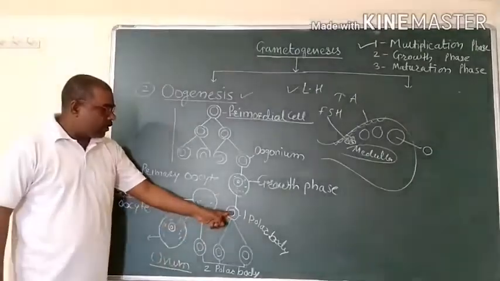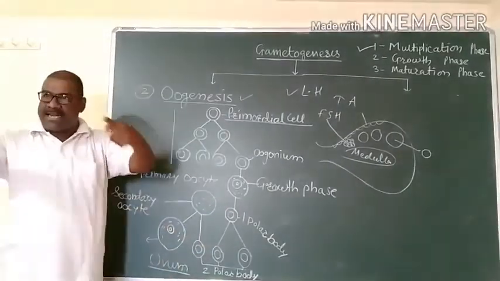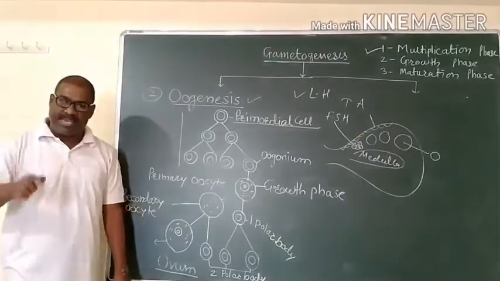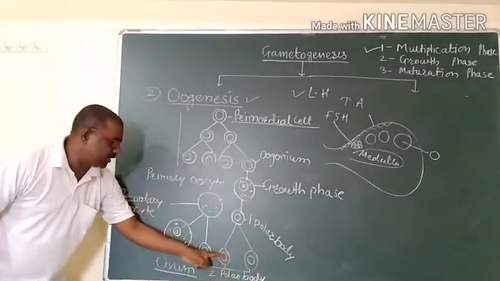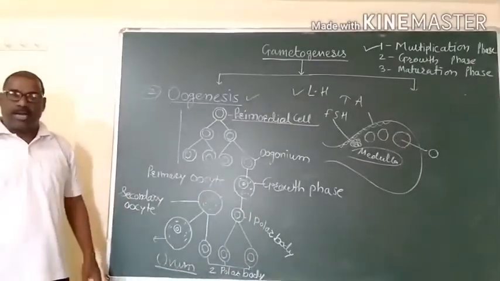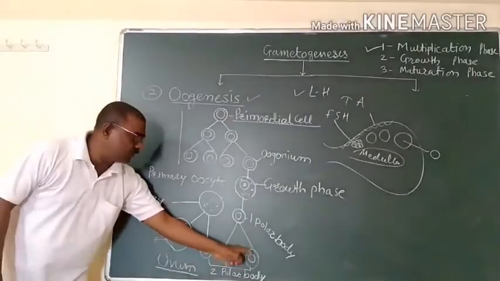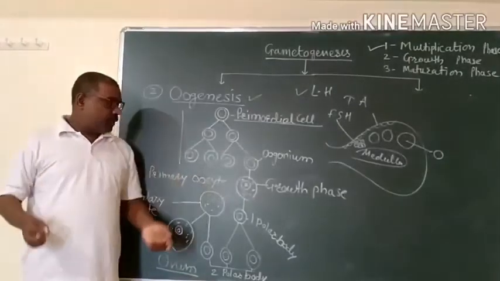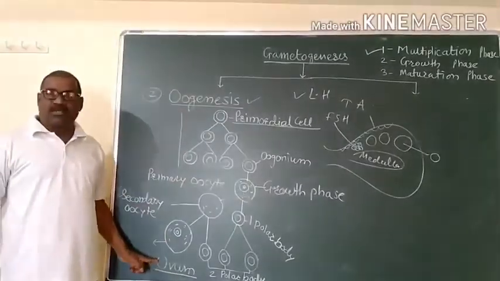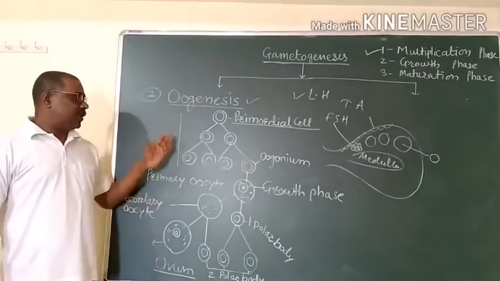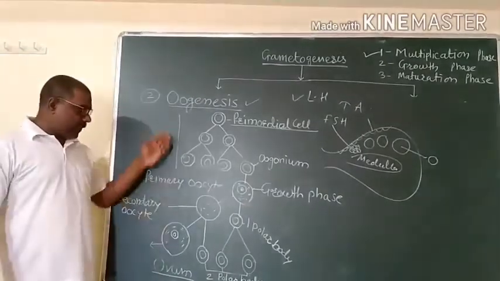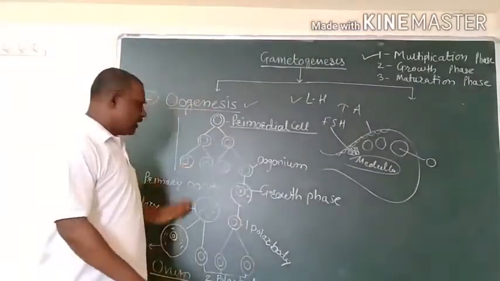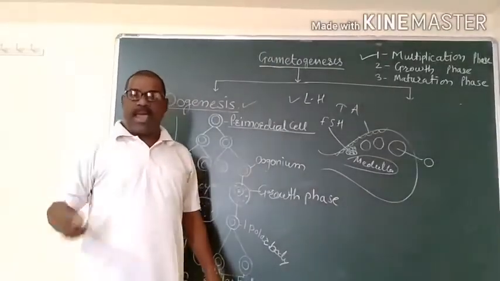Same like here, the first polar body again divides into two daughter polar bodies, meaning lastly three polar bodies are developed like this, 1, 2, 3, and only one ovum is developed. Like this, we see the oogenesis process with the help of the graphical representation, and then we see this oogenesis process with the help of animation.